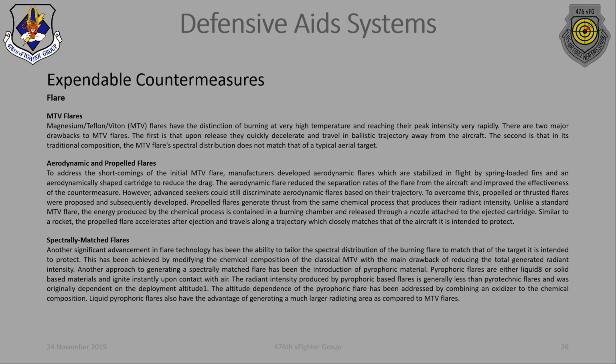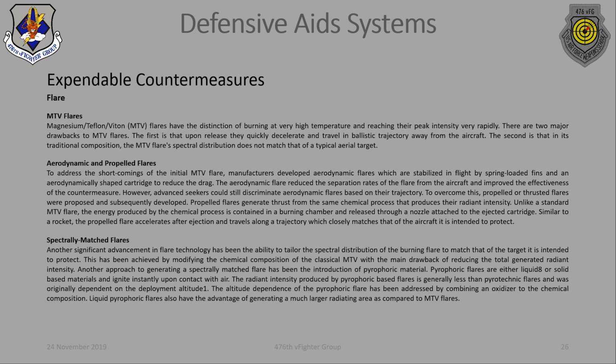And the more modern ones, rather than just a burning ball, actually burn almost like a rocket. So the flare gases are directed out the back of the flare, which propels it along. So while it will still decelerate compared to the aircraft, it keeps it with the aircraft for longer, flying in the same direction, which obviously helps counter the countermeasures rejection logic on a lot of IR missiles.